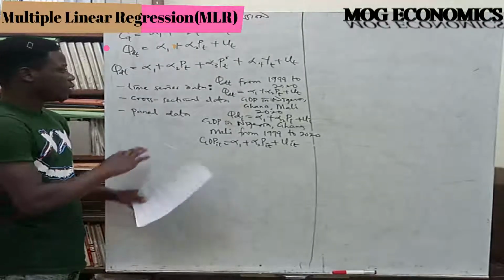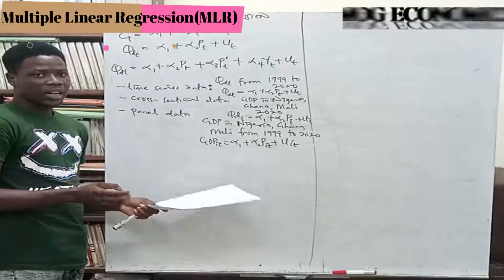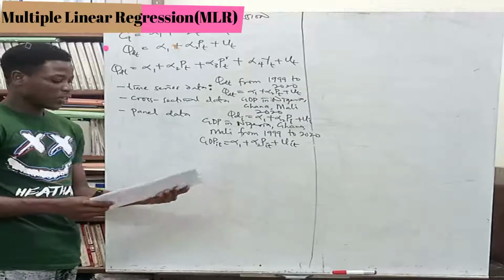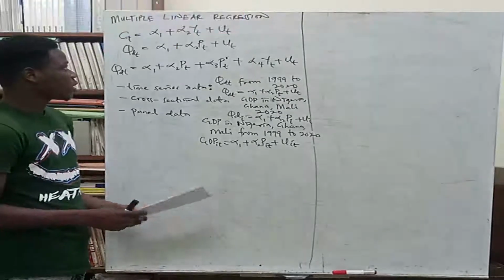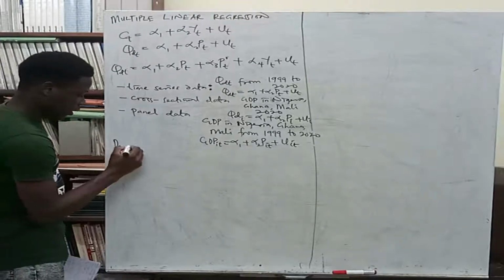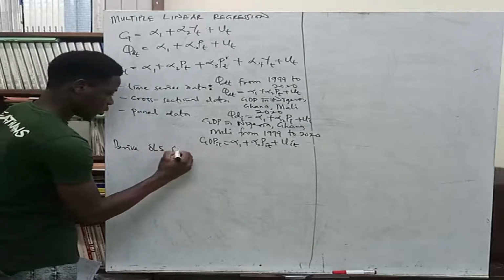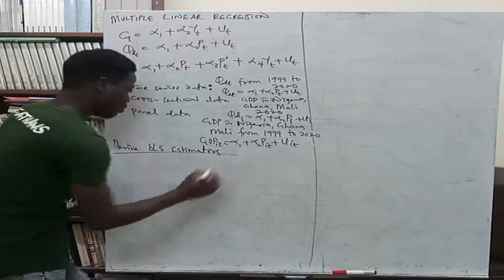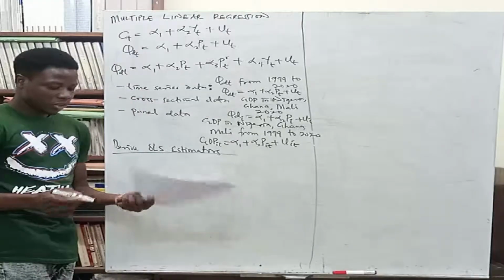But for the sake of this class, I won't be indicating any subscript. We'll just be working straight, because the purpose of this class is to derive the OLS estimators under the multiple linear regression model.